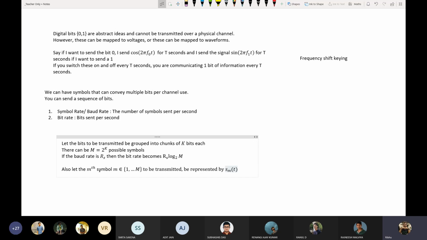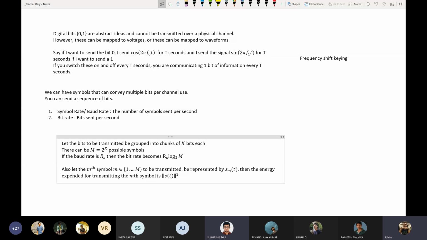You transmit this waveform SM(t) for the mth symbol, and the energy needed for transmitting it is given.